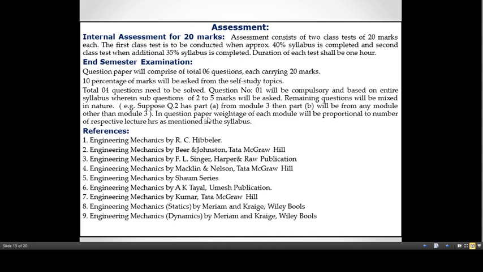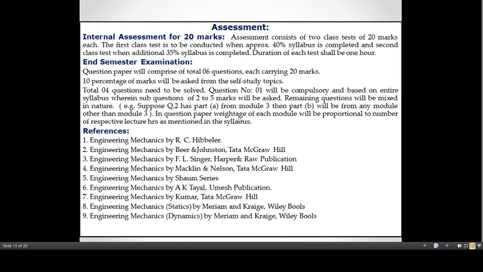Each question carries a combination of marks in the range of 4 marks, 8 marks, 6 marks. So a total of 20 marks weightage is given for question number 2 to question number 6.